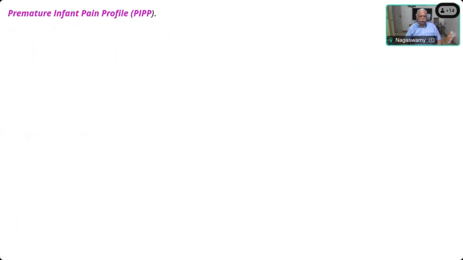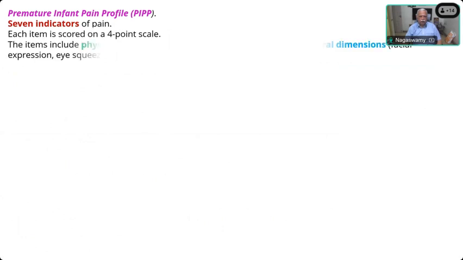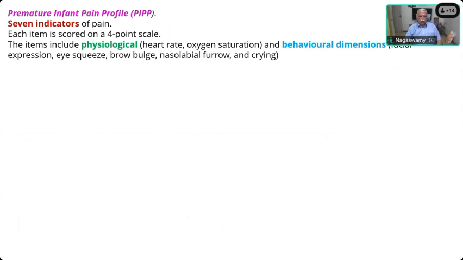Then there is another scale called the premature infant pain profile, which has 7 indicators, and each one is given on a 4-point scale. These include 2 categories.